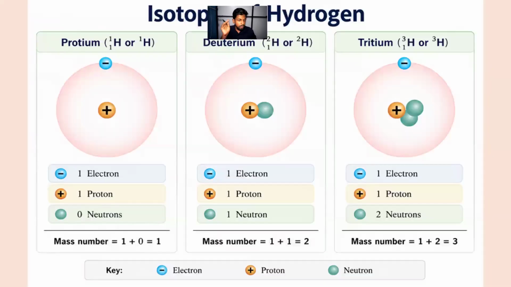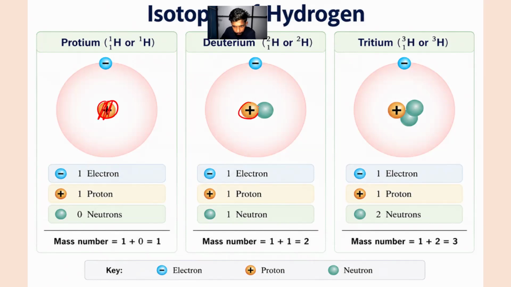Okay. So from this question, we are going to get the total idea regarding the isotopes. Here, we have taken the isotopes of the hydrogen. Try to get that idea. In each and every hydrogen atom, we have one proton, that is in yellow color, right?